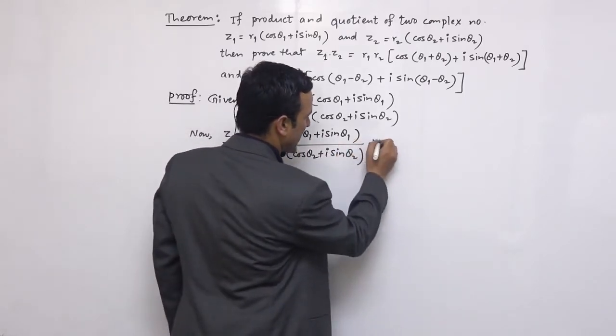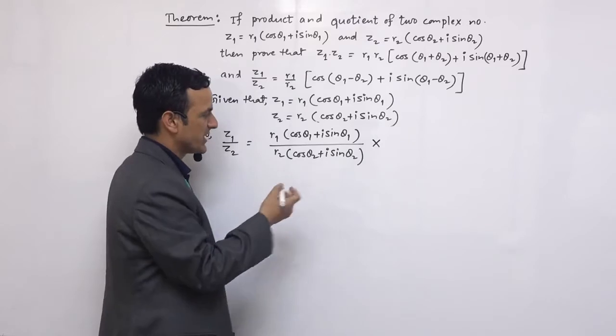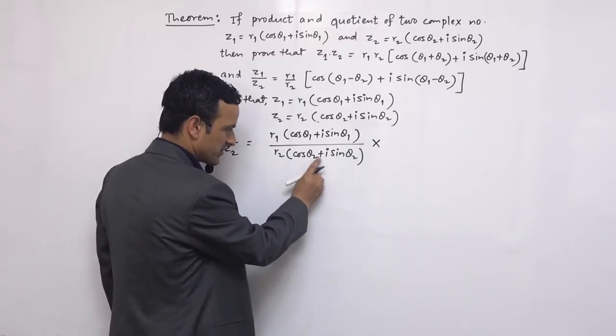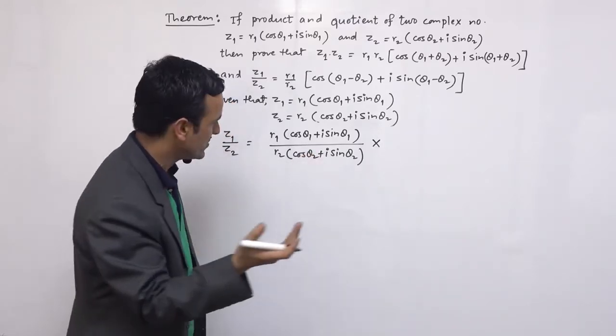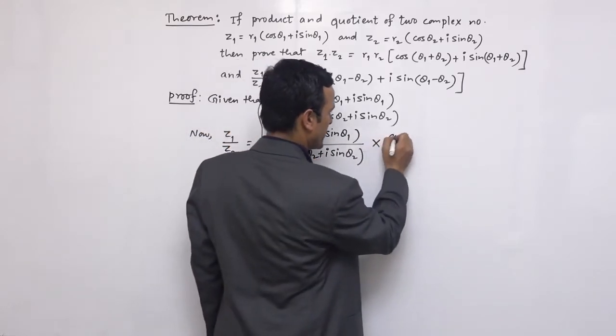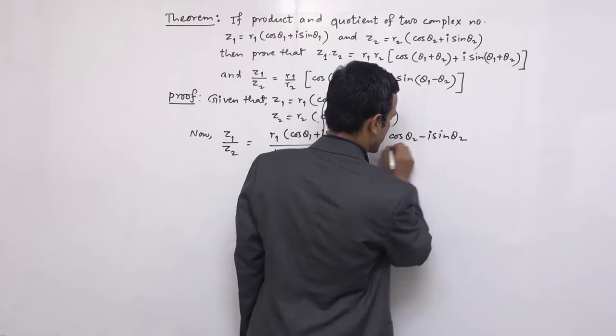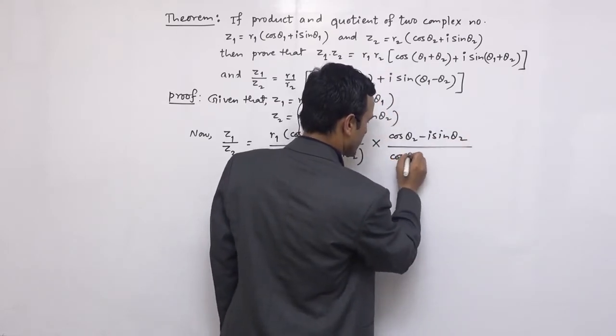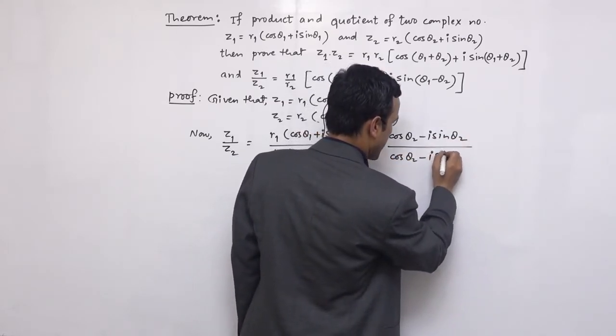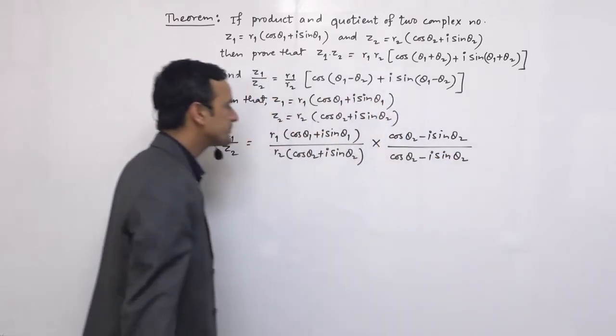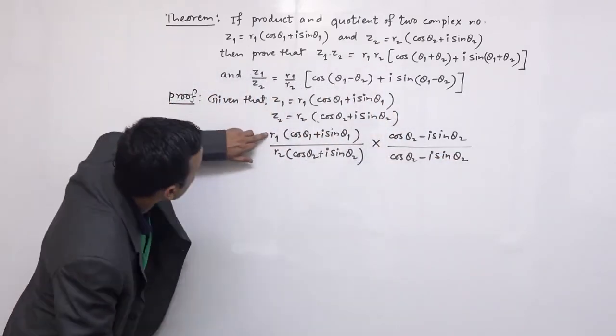For this we can take the conjugate of this term, rationalizing the denominator. So the plus becomes minus: cos theta 2 minus I sin theta 2 divided by cos theta 2 minus I sin theta 2. We need to get R1 by R2.